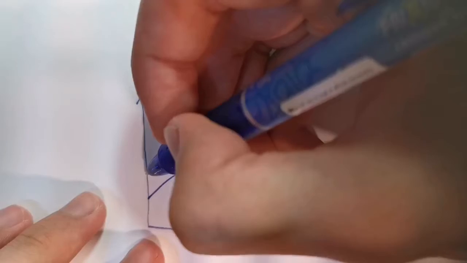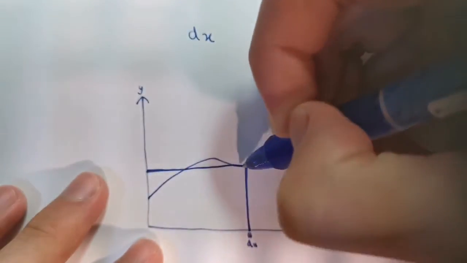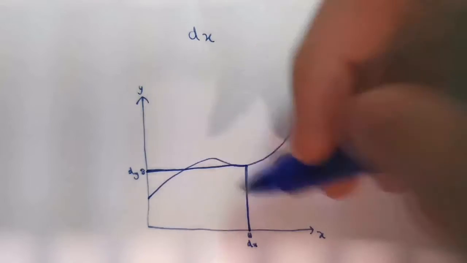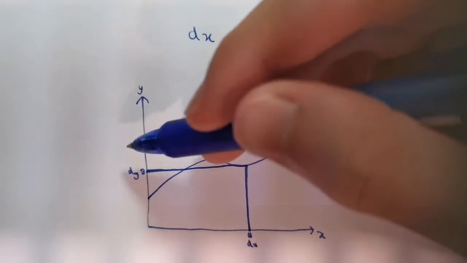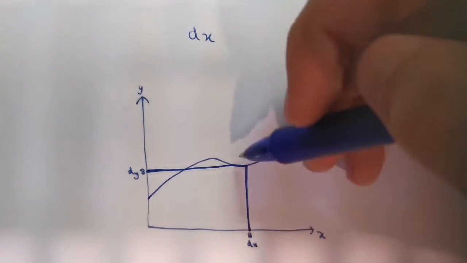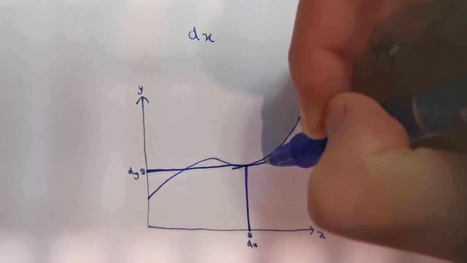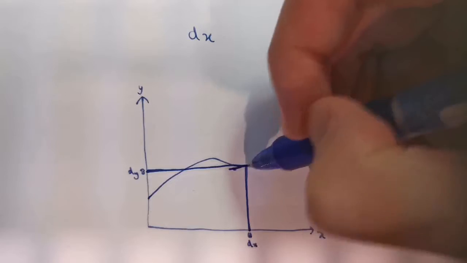Then dy is basically the same thing, where dy is an infinitely small section of y. So that's why dy over dx is the derivative at this point.